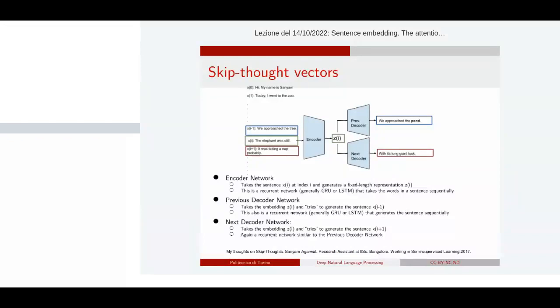How to implement this? They have implemented this solution using some recurrent neural networks, both for the encoder and for the decoder. The recurrent networks try to leverage the sequential nature of the input text. So you take a sequence, you learn how to reconstruct the sequence, and you do this both for the previous and then for the next one.